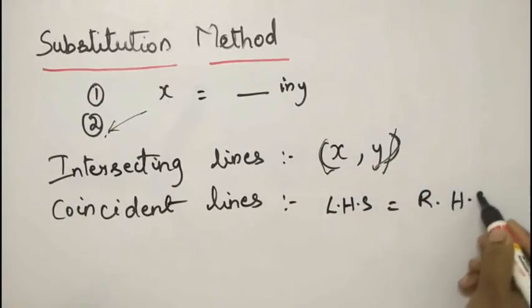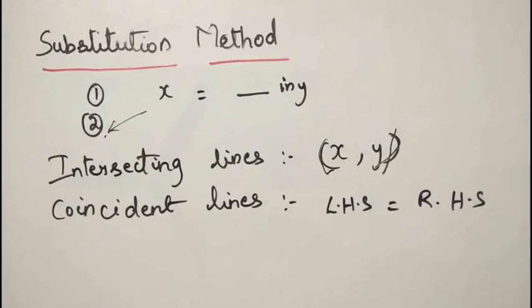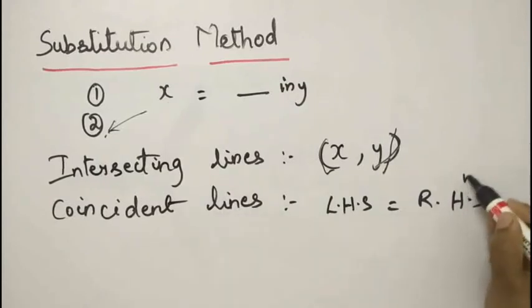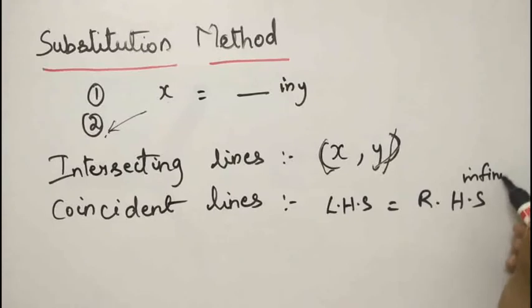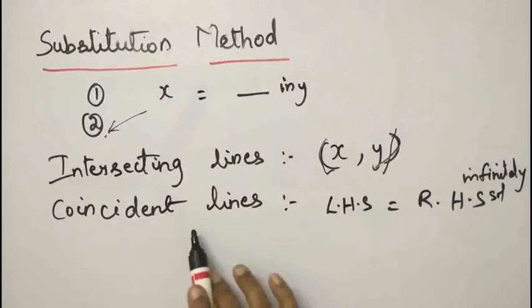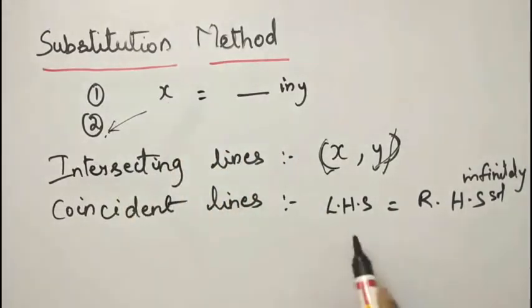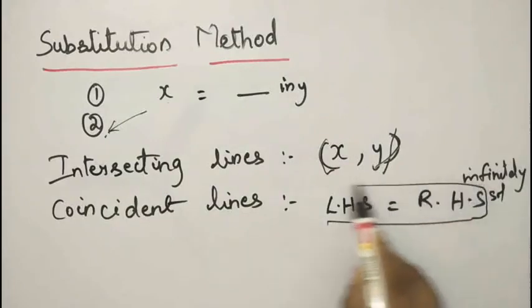You won't get any value of x and y, simply you will get LHS equal to RHS. So in that case it is clear that they are coincident lines, they will have infinitely many solutions, as we studied before.